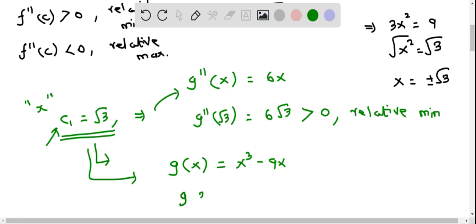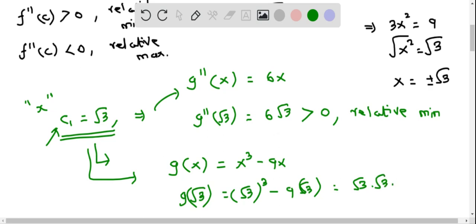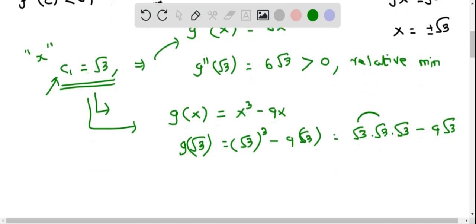So g of root 3 equals root 3 cubed minus 9 times root 3. Root 3 cubed is root 3 multiplied by itself 3 times, minus 9 times root 3. Root 3 times root 3 is 3, so this is 3 root 3 minus 9 root 3, and this gives negative 6 root 3.